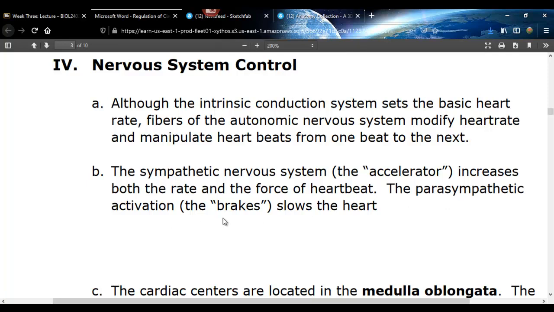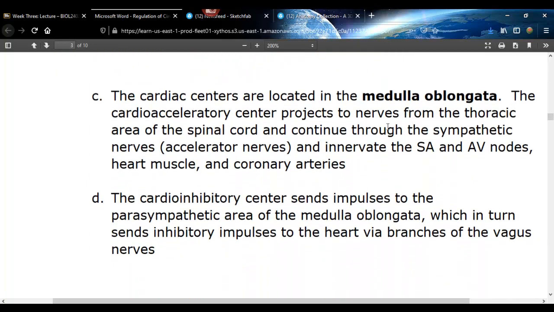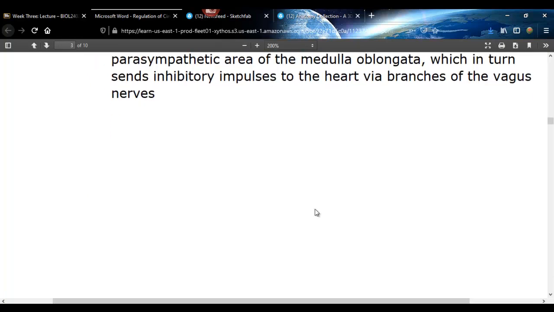The parasympathetic acts like a brake. They're found in the medulla oblongata. The accelerator nerves are part of the sympathetic nervous system, and the inhibitor nerves, or cardioinhibitory center, is part of the vagus nerve, or the parasympathetic nervous system. And they're both found in the medulla oblongata.